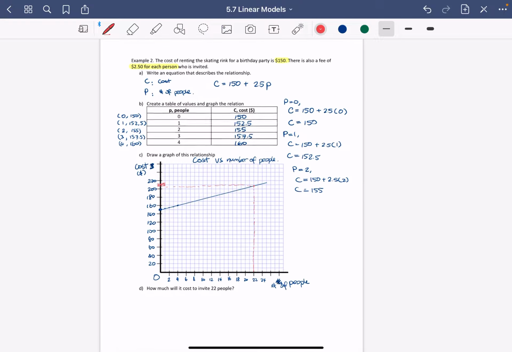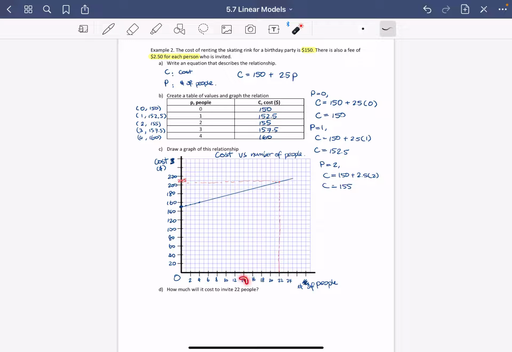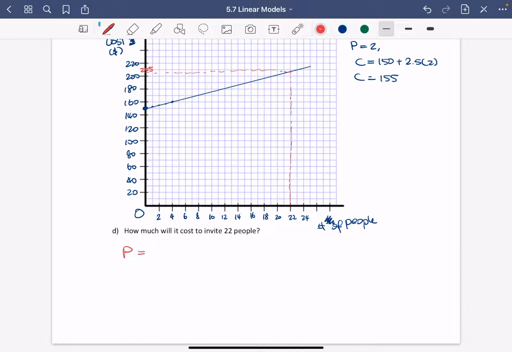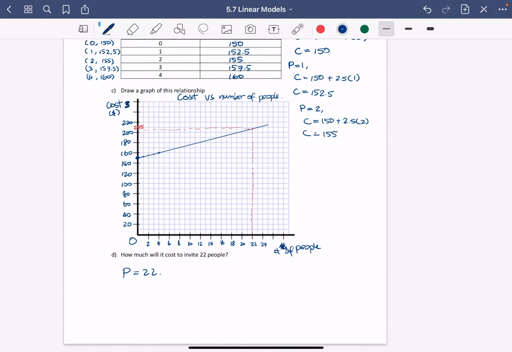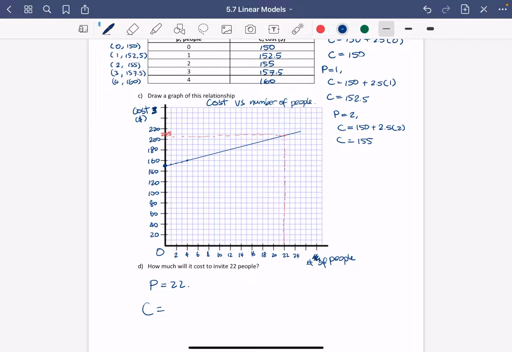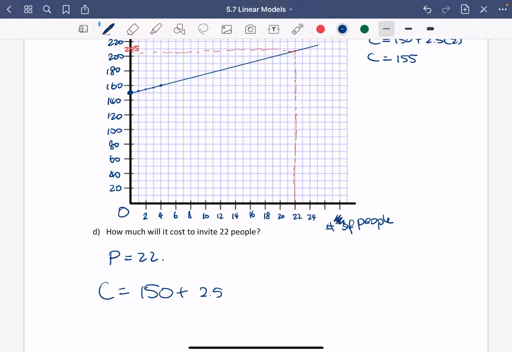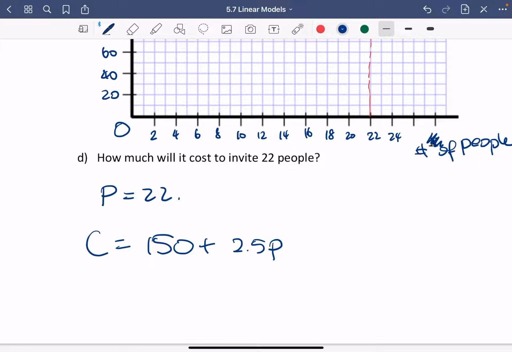But what you can also do is plug 22 into the equation. We know this equation is correct. 22 is the number of people, so P is equal to 22. And our equation is C equals 150 plus 2.5P. If you want to calculate the cost for 22 people, then we should just plug P into the equation.